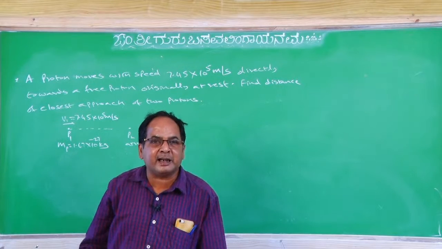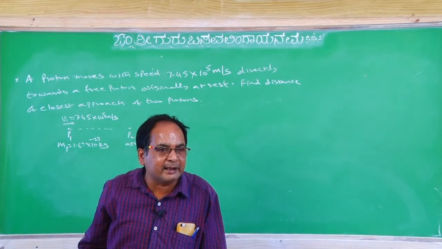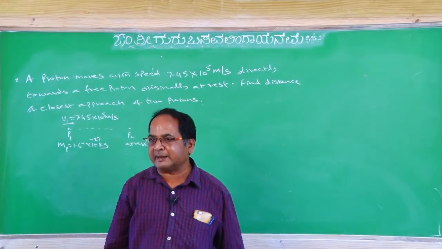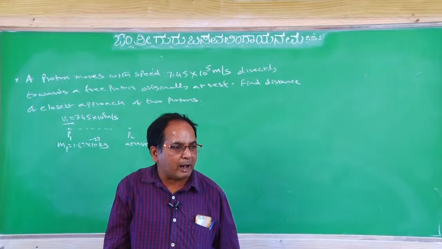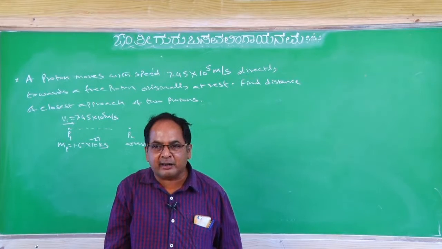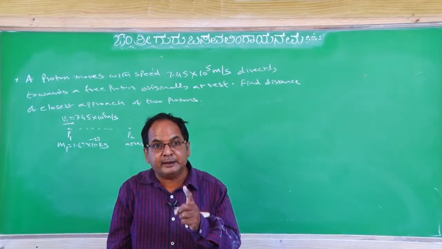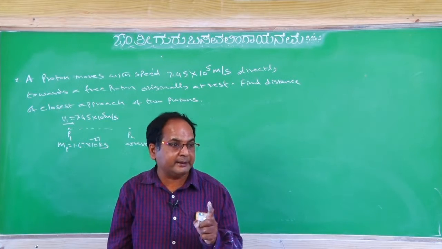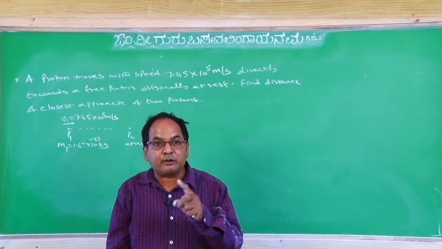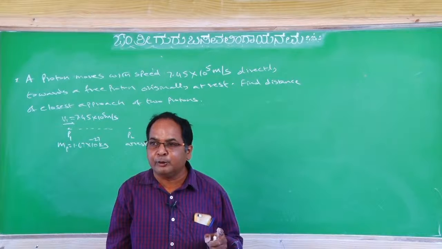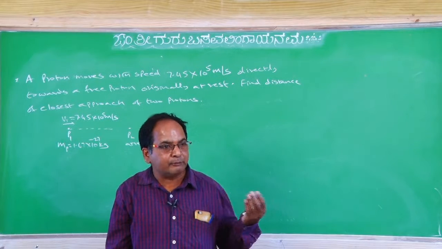Similarly, in between proton and electron, both attractive and repulsive forces are acting. It's reverse. Due to opposite charges, the electron is attracted towards the proton. But when it is moving to about 1 Fermi distance, then in the opposite direction, due to nuclear forces, the repulsive force is acting.